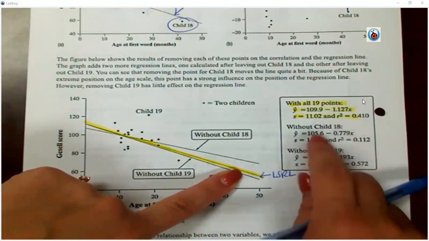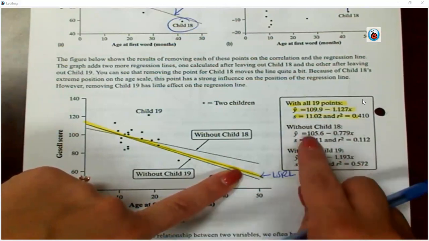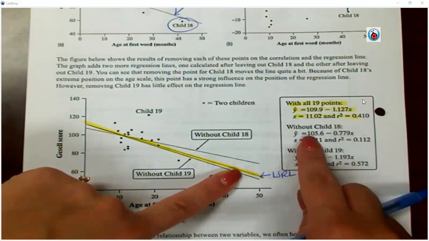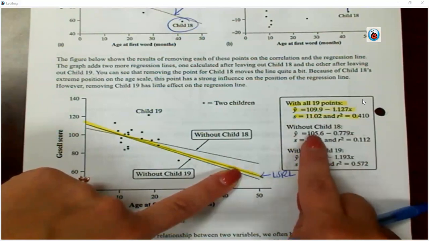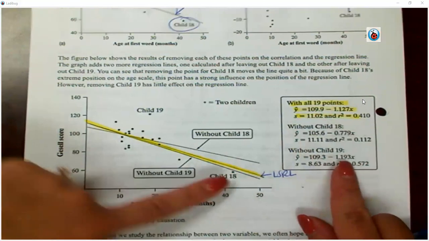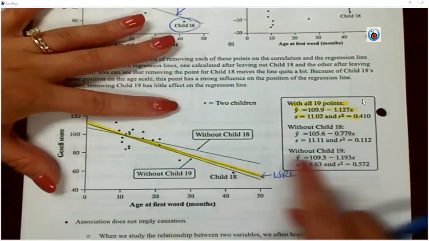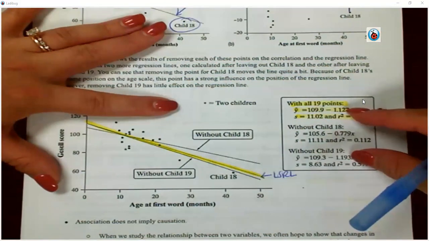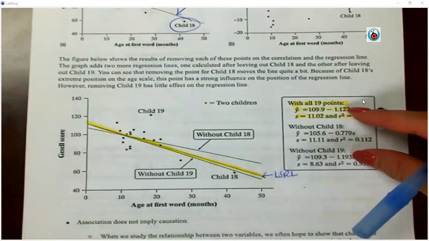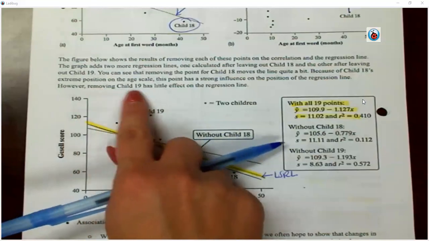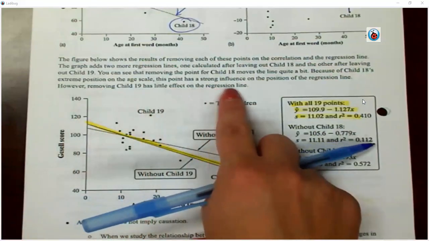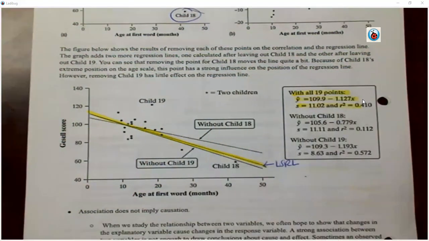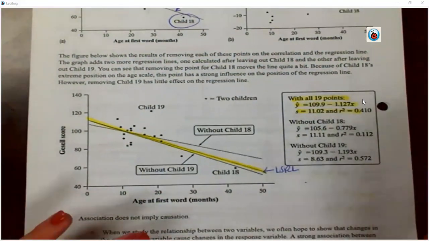And then my y-intercept didn't really change too much because it was still kind of in line with it. Now, if I were to take out child 19, notice my slopes are about the same. And so it says removing child 19 has little effect on the regression line.